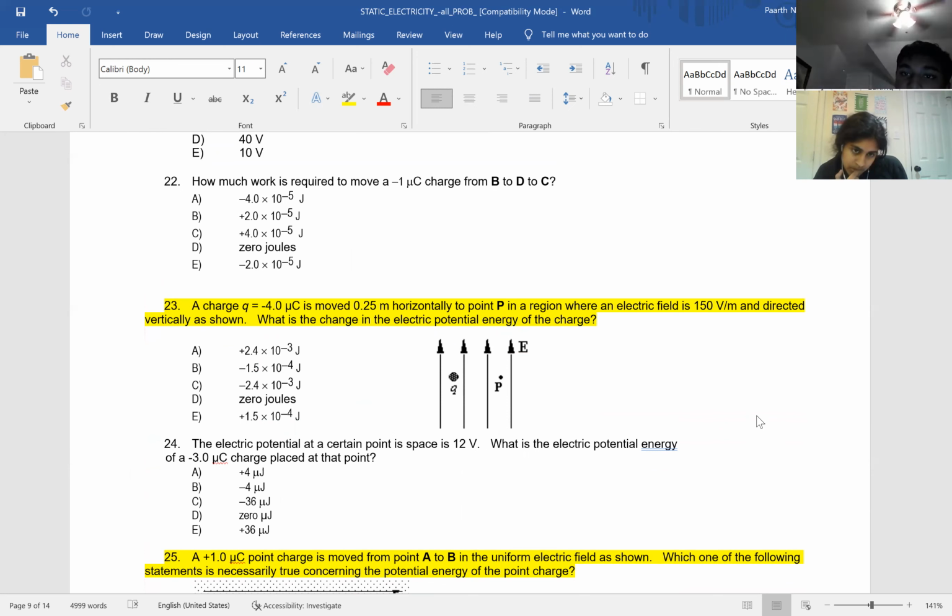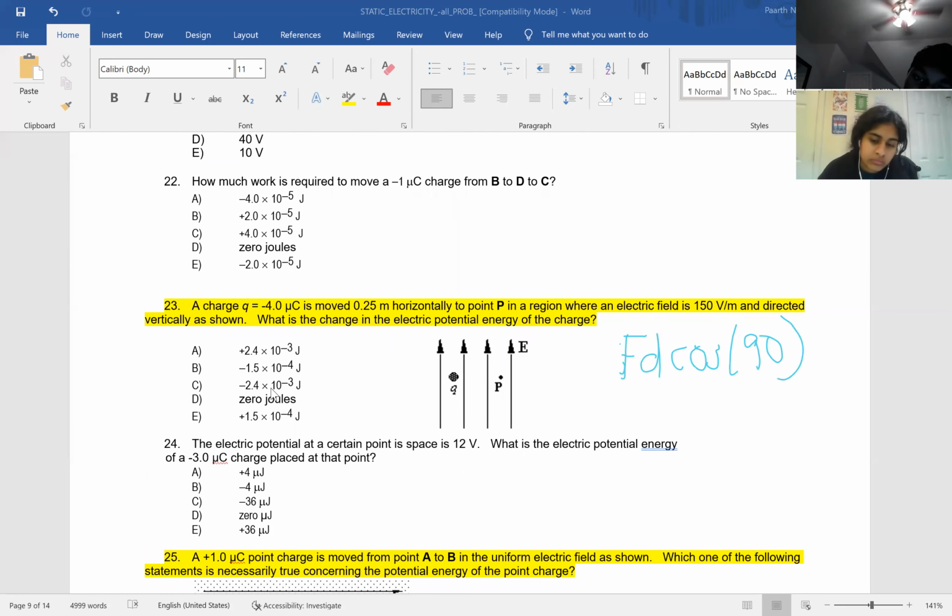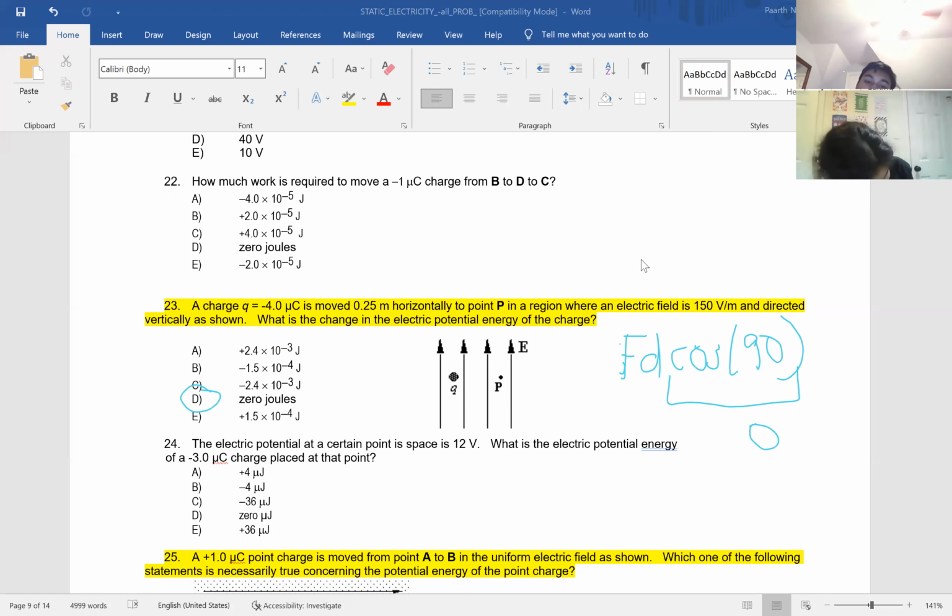So automatically when you see that and you know that work is F d cosine theta, the way I thought of it first was that it's cosine of 90 degrees, and cosine of 90 is 0, which means 0 joules of work is done, right? The other way you could think about it is that it's not in the direction of the force, and that's important.